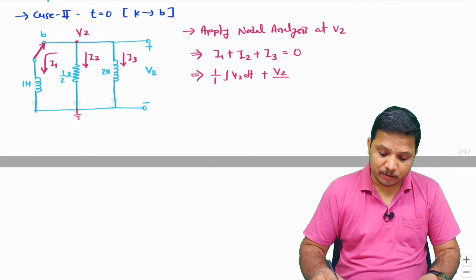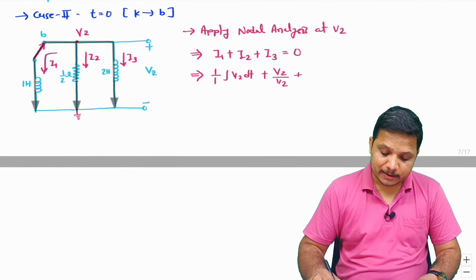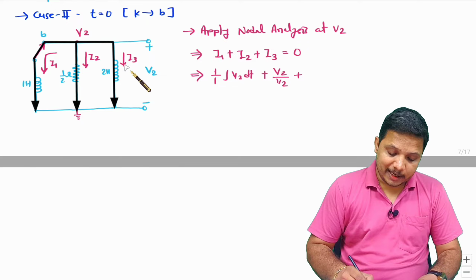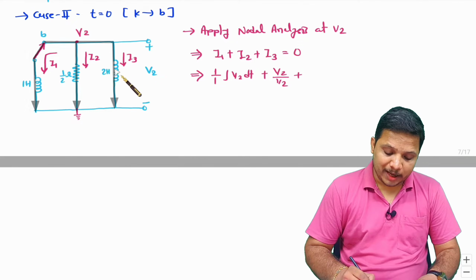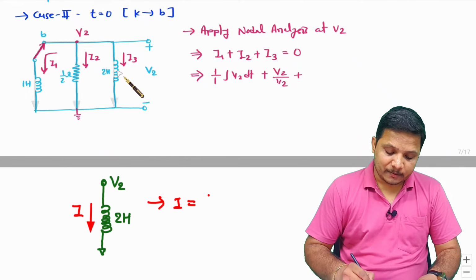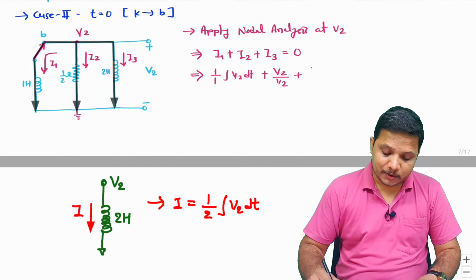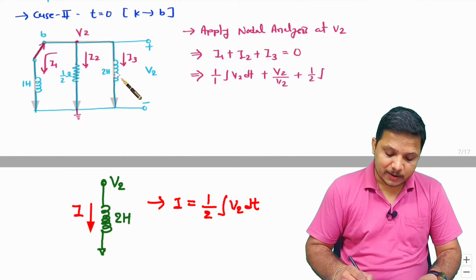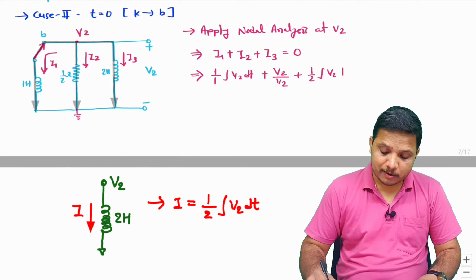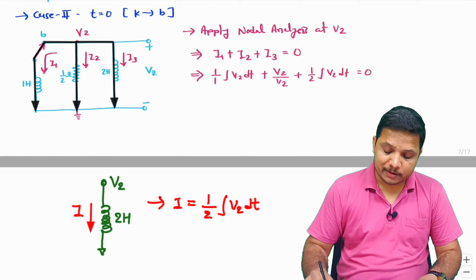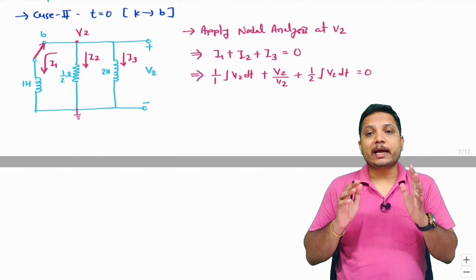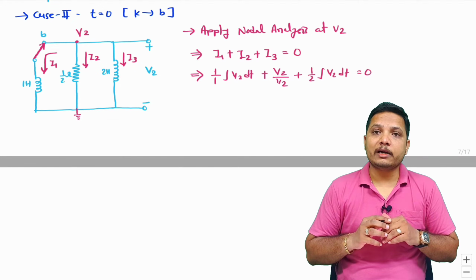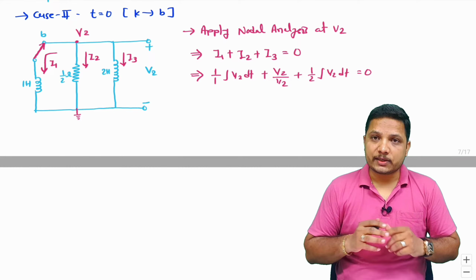So I can say V2 divided by half plus I3, current passing through 2 Henry inductor, that is 1 by L. So 1 by 2 integration voltage across inductor, that is V2 dt, and that is equals to 0. So this is how we can identify value of current through each of the branches, right?